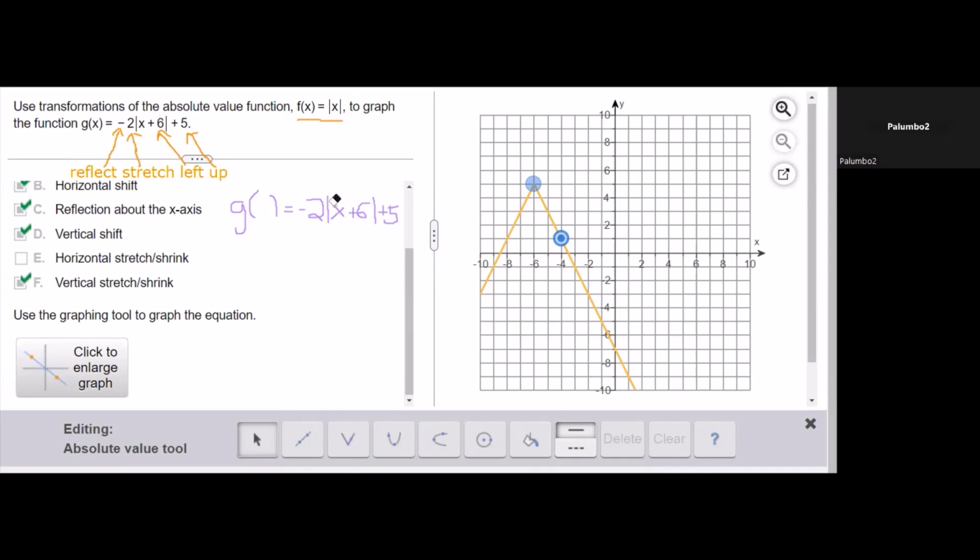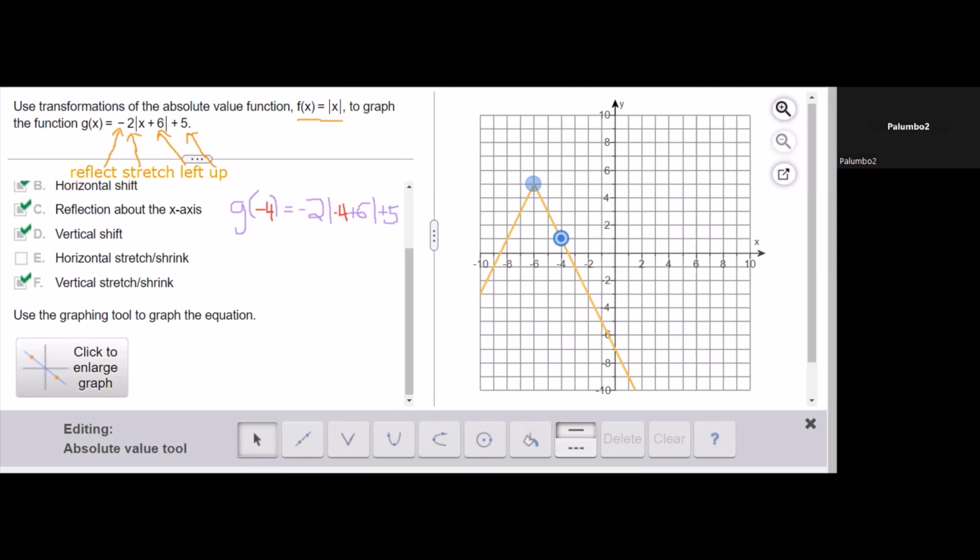And let's see if I can get this close enough. I'm going to plug in a -4. Okay, so I'm going to find g of -4. And that's going to be negative 2, absolute value of negative 4 plus 6, plus 5.